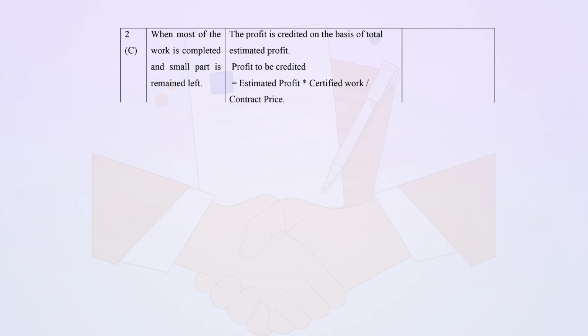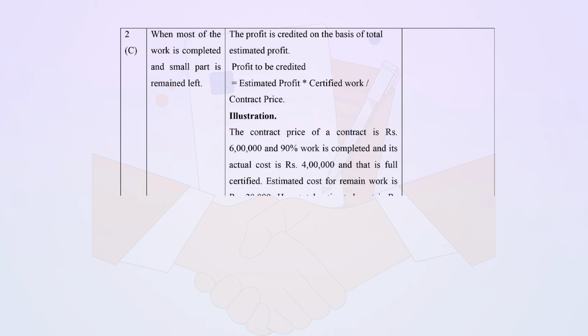Here, in case of profit, the profit is credited on the basis of total estimated profit. So, profit to be credited is equal to estimated profit into certified work divided by contract price.